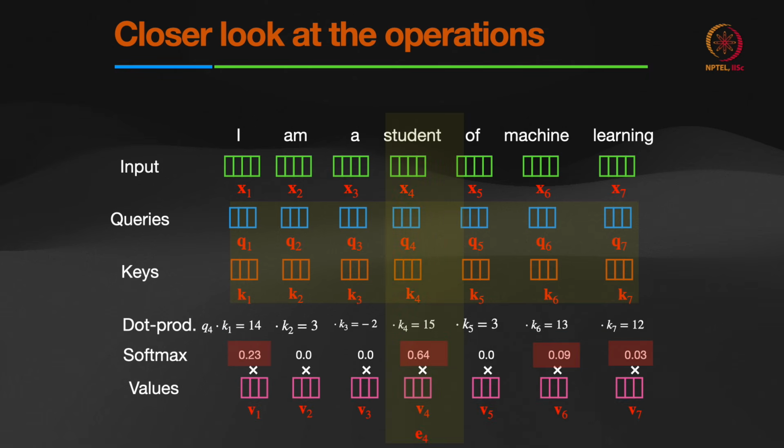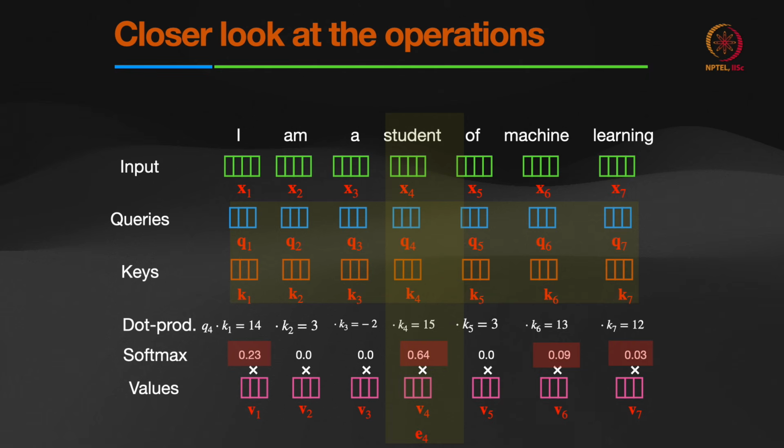So what would this mean? In this case, for the word student, if you are looking at Q4 as your query, the fourth instance as your anchor point to look at, the rest of the words in the sentence that matter most are I, machine, learning, etc. And if you look at the other function words like of, am, etc., they are less relevant.